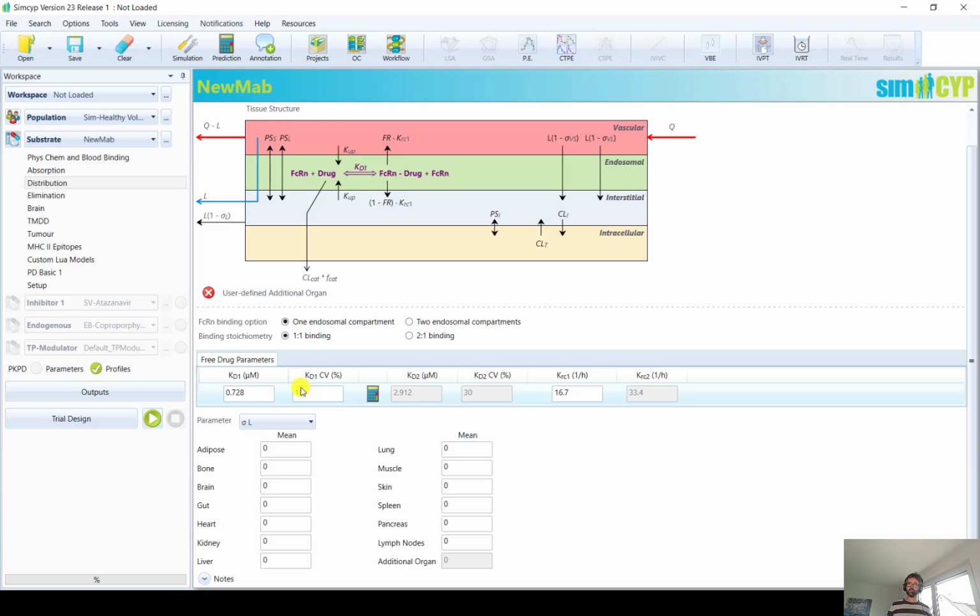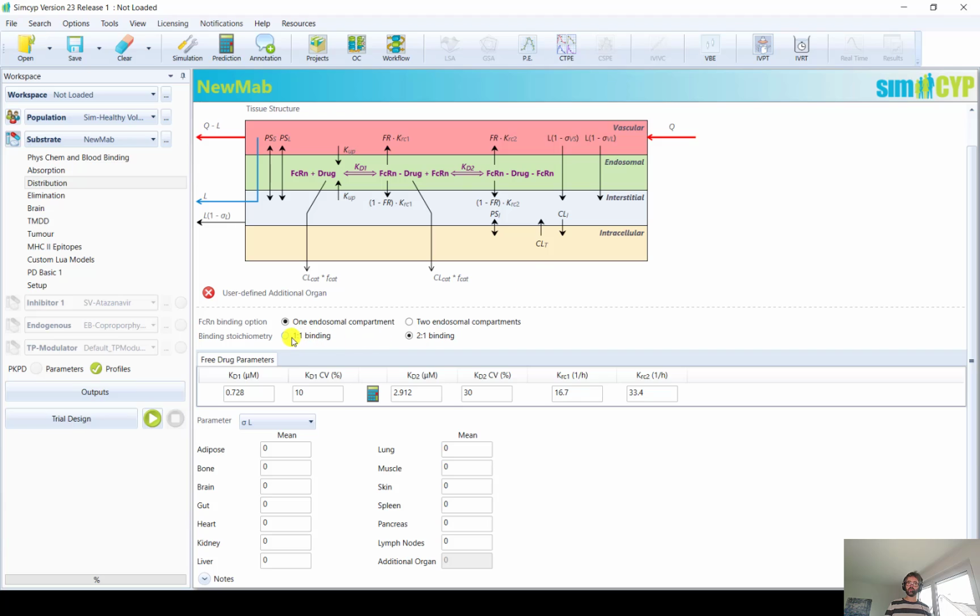The binding stoichiometry can be either 1-to-1, this is what we have seen here on this screen, or we can have 2-to-1 binding, because in reality we have two FcRn molecules that can bind one IgG or one monoclonal antibody type. So this is a more physiologically relevant structure, and it becomes particularly relevant if you want to understand FcRn modifications or extended half-life modifications.